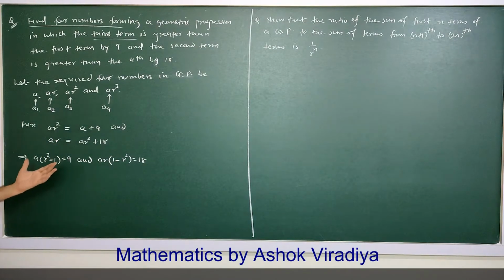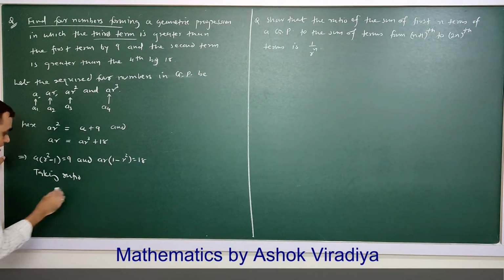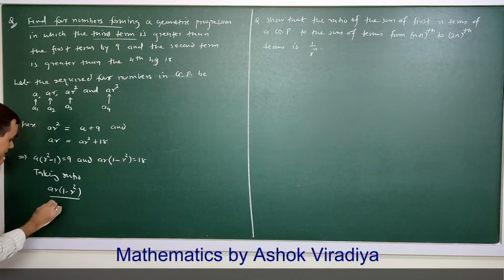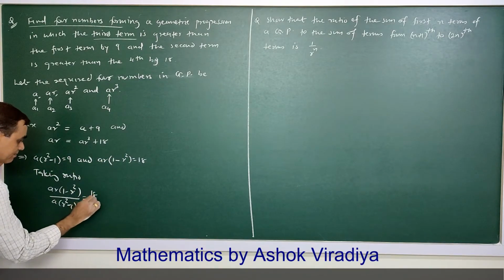Now dividing this equation by this equation, so taking the ratio of equations, this is AR into 1 minus R square upon A into R square minus 1 equal to 18 by 9.